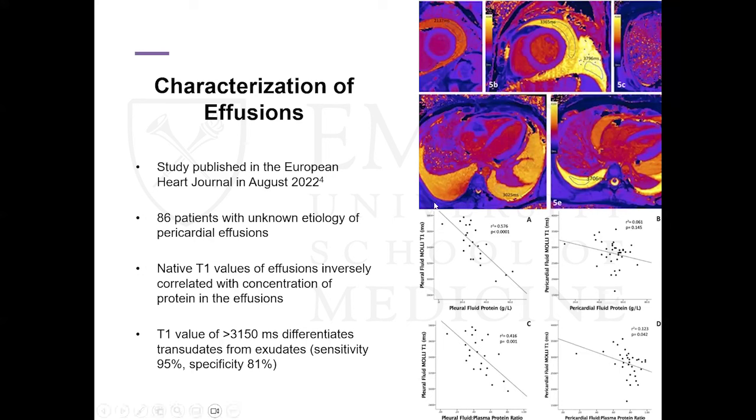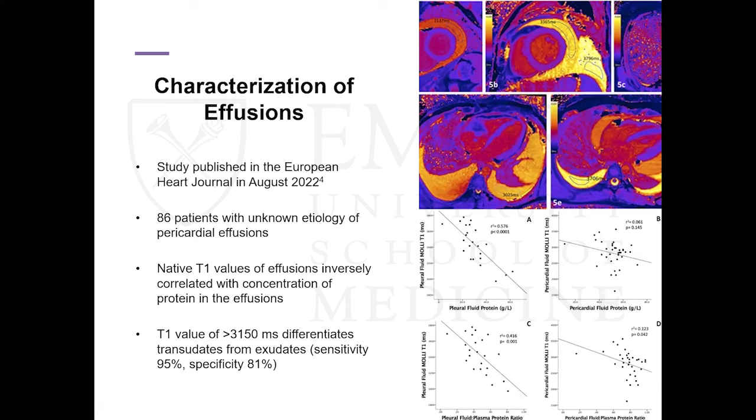We can see here the correlation is a lot stronger in the pleural space, being significant for both the pleural fluid protein and also the pleural fluid to plasma protein ratio. But the pericardial fluid also had a correlation here, particularly as it related to pericardial protein to plasma protein ratio, that was statistically significant.